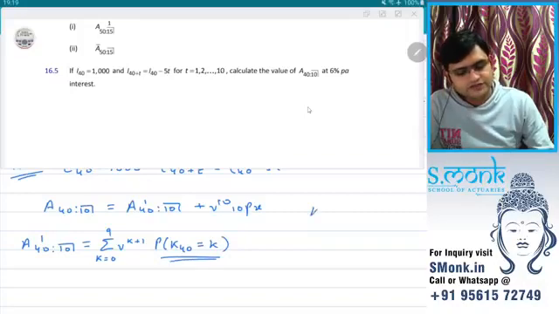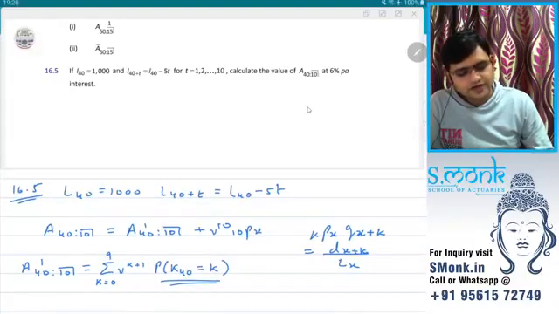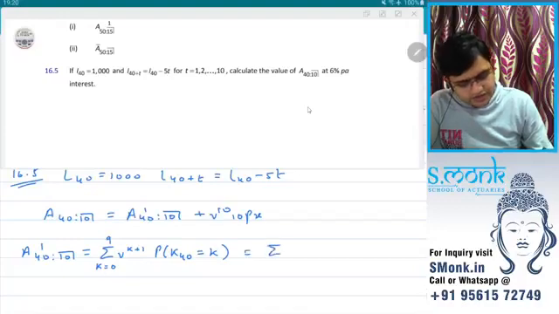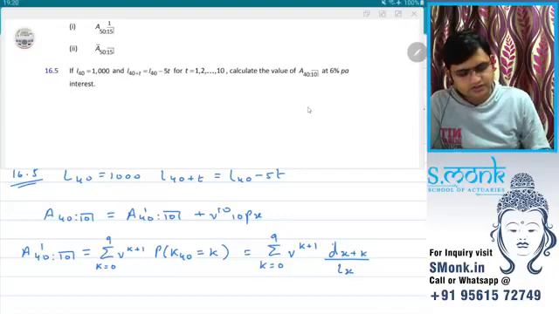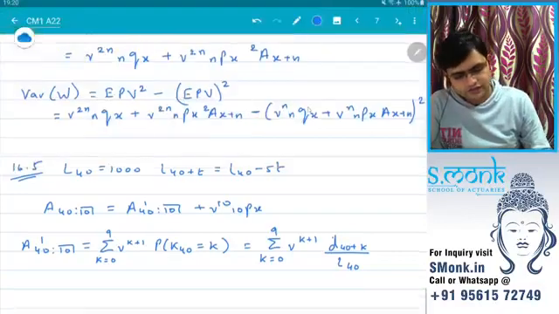This is what gives us kpx qx plus k, but we can also write it in terms of dx plus k upon lx. Because the terms are given in terms of lx, I would prefer writing it in terms of lx. So I can write this as summation k going from 0 to 9 v raised to k plus 1, and then we'll have d x plus k upon lx, or in this case we'll have 40 and 40. Okay. X is 40.